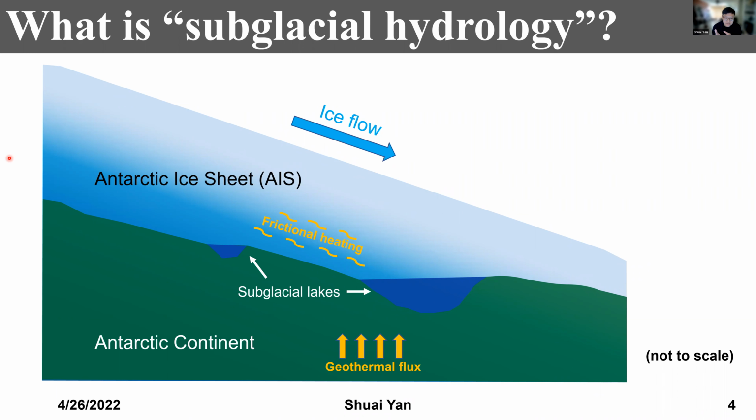And because ice sheet is not a very good thermal conductor, the bottom of the ice sheet is essentially isolated by itself from the cold atmosphere, right? And of course, there's pressure melting effect. So altogether made it possible for water to exist beneath the ice sheet.